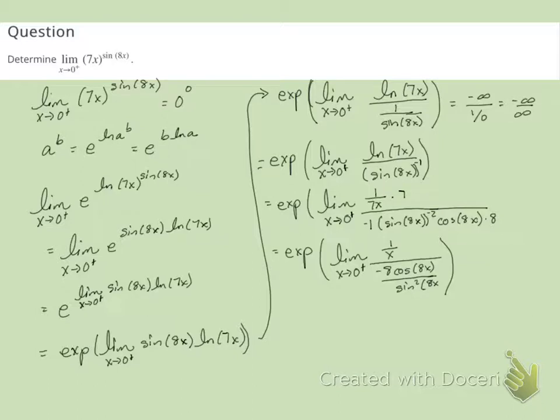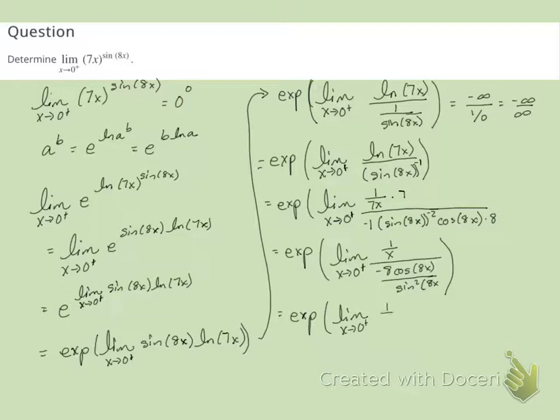So if I put 0 in here, I am still going to have infinity over infinity. Let's clean this up a little bit. I have a complex fraction, so I'm going to multiply by the reciprocal and at least get that so we just have one fraction.